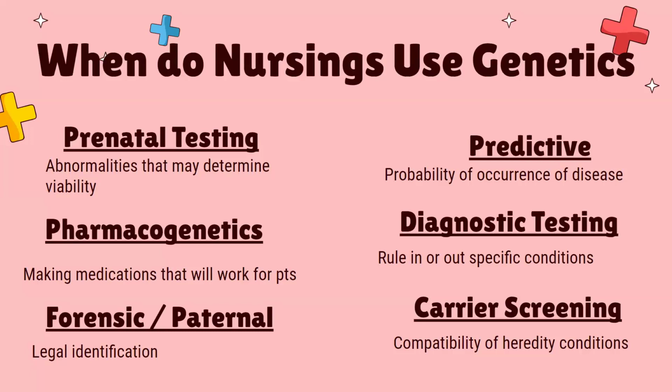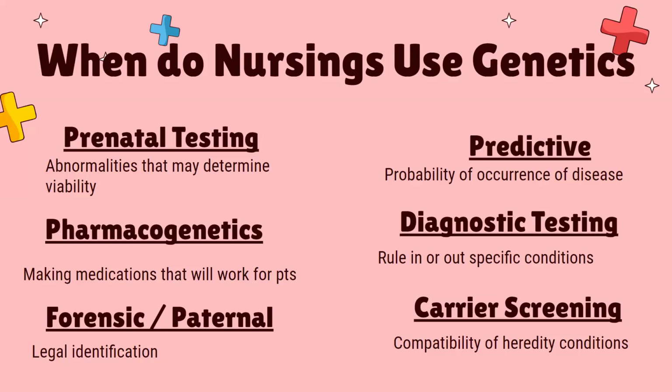So about 5 years ago, there was a big campaign for if somebody had been unsuccessful in finding an antidepressant medication that worked, we would have them do a cheek swab, and we would look at their genetics to see what brand of medication would work better for this patient. So that's your pharmacogenetics, which is blending medications, so the pharmacology, with the genetics to make it work for patients better.